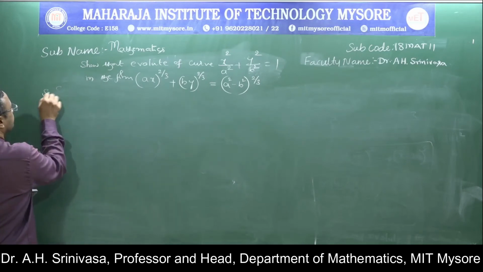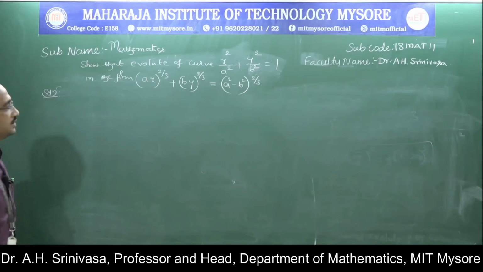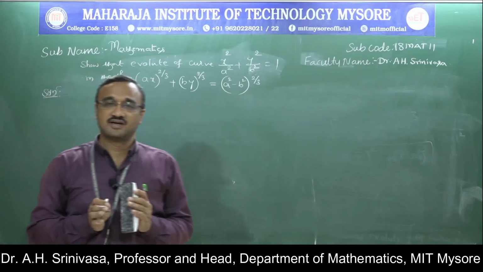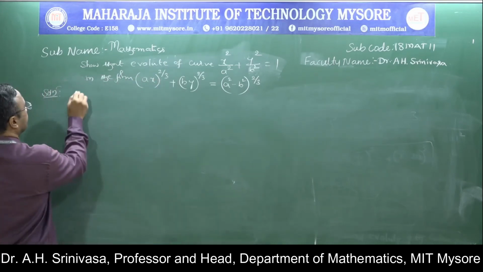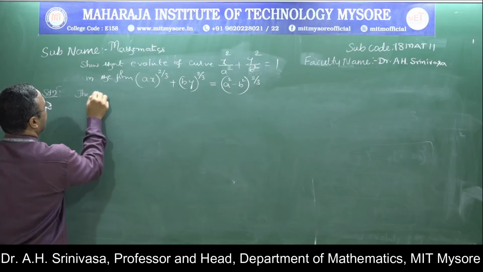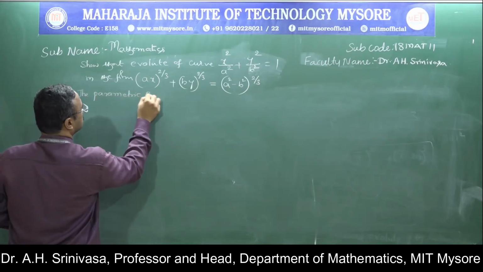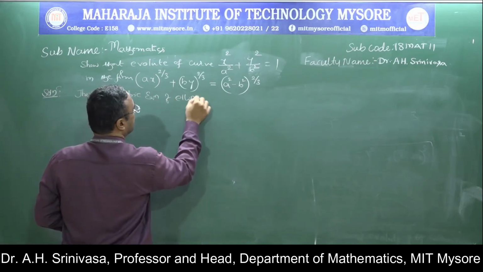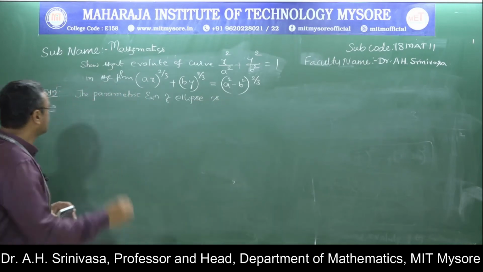Now solution. First we write down the parametric equation of an ellipse. The parametric equation of ellipse is, what is that?